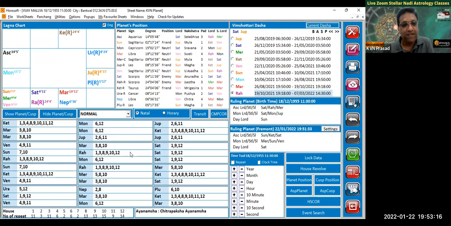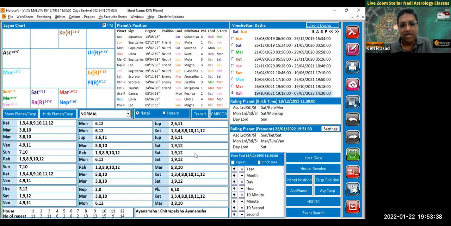What about Mars? 3, 8, 12 is there. 3, 8, 6, 12 is there, right? Complete combination. Rahu, 3, 8, 12. Jupiter, 3, 8, 12 is there. 3, 8, 12, 6 also is there, right? 3, 6, 8, 12, full combination. At sublord also 6 is there.